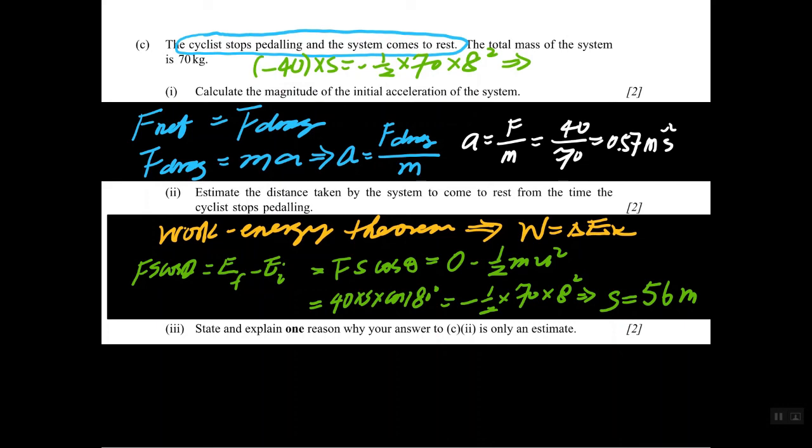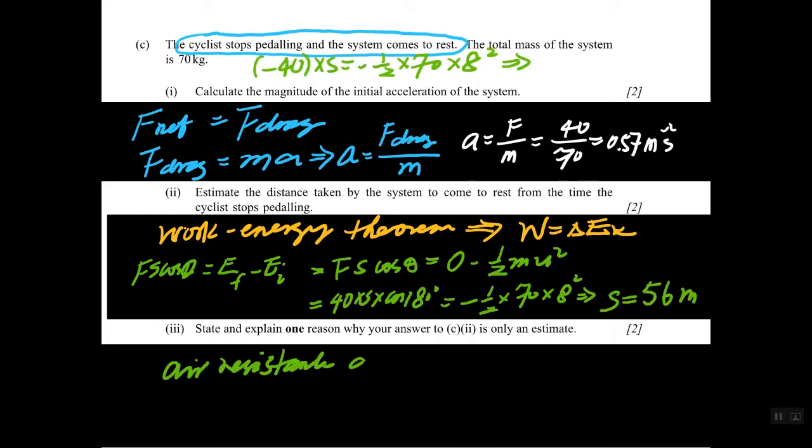State and explain one reason why your answer to C-II is only an estimate. The cyclist stops pedaling and the system comes to rest eventually, which means the velocity decreases over time.